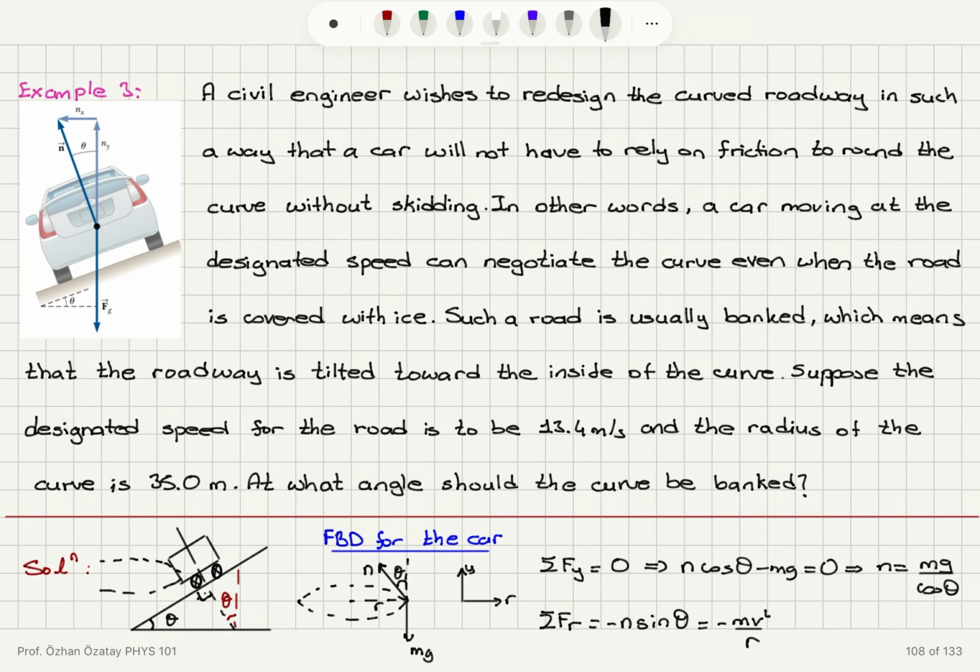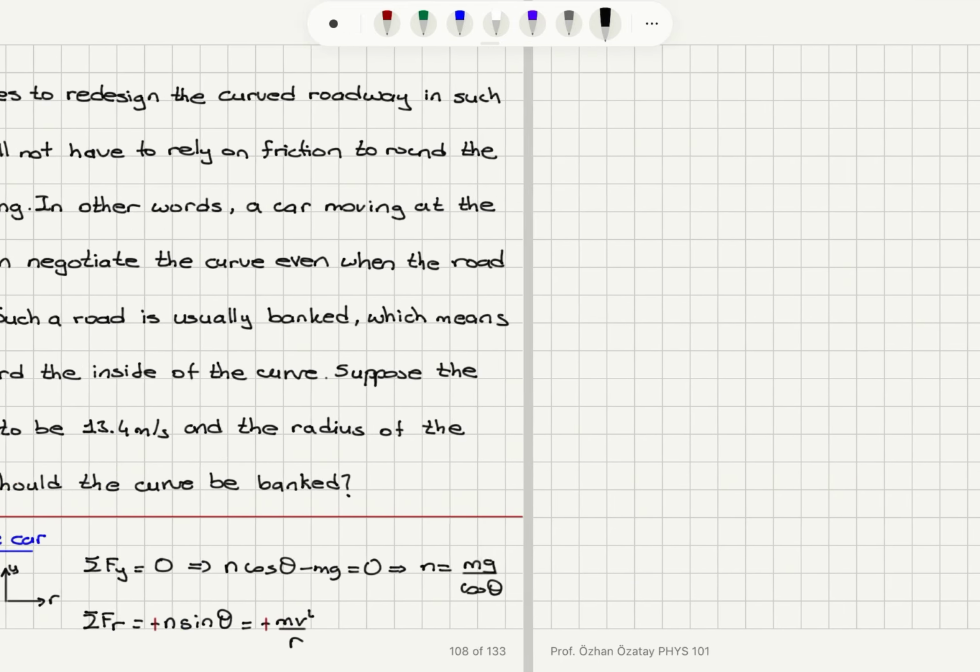Okay, now we're trying to find the angle with which the curve should be banked. For the normal force, we're going to substitute mg over cosine theta, and the minus signs will cancel here. Now normal force times sine theta equals mv squared divided by r.